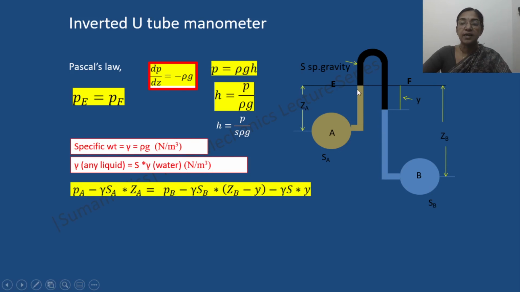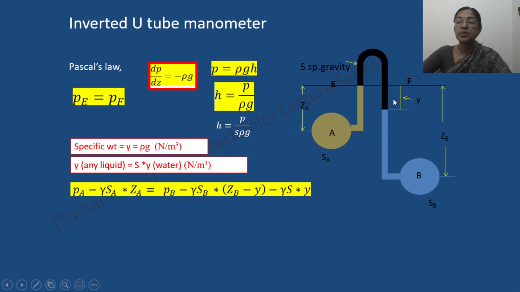we can write the pressure balance equation as, that is Pa, that is the pressure here, Pa minus, so in order to reach E, we have to go up. That means Pa minus gamma means specific weight of water into SA, that means gamma into SA, which indicates the specific weight of the fluid here, into ZA. So that means we reach at this point, that is equal to PB, that is the intensity of the pressure here.